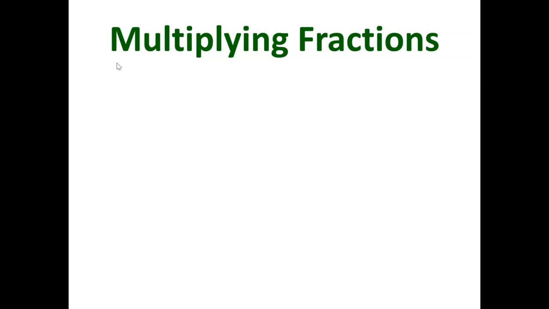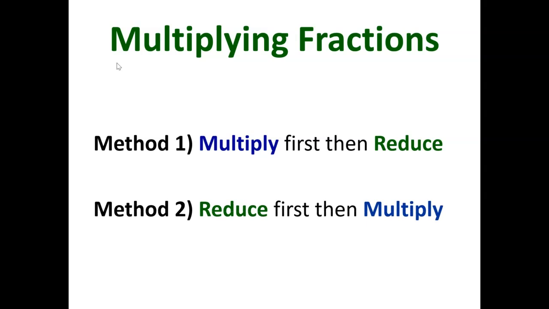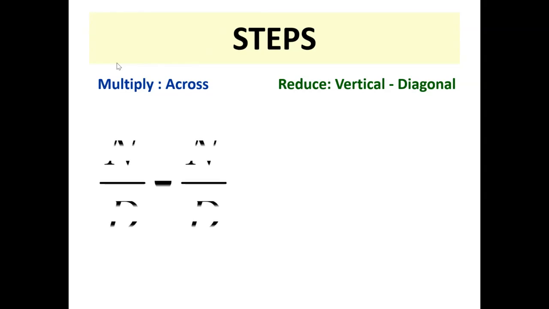Let's go over multiplying fractions now. There are two methods which you can use in order to multiply. You can multiply first, then reduce, or you can reduce first and then multiply the fractions. Either method will work. Before we go over an example, just to show you how to multiply and how to reduce.